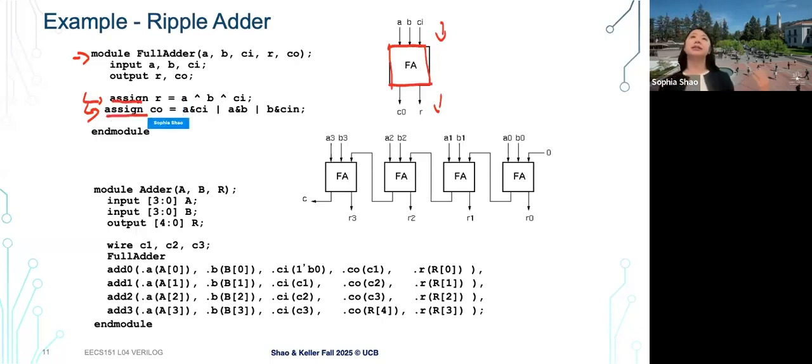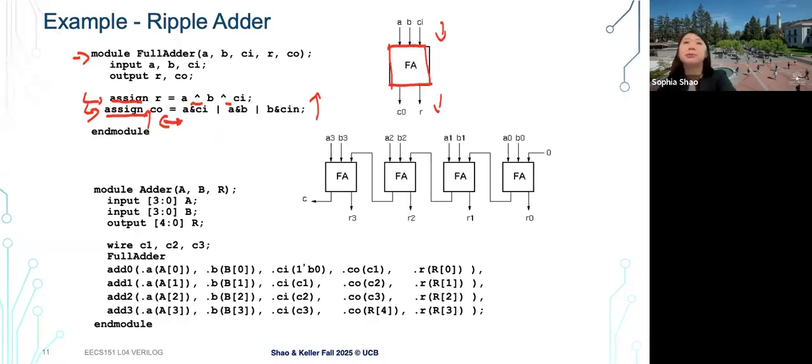As we mentioned, the assign statement is a way to express combinational logic through continuous assignment: whenever the right-hand side changes, the left-hand side changes. So this is another way, instead of using the structural Verilog we saw earlier with muxes, to use some of the more powerful operators directly.